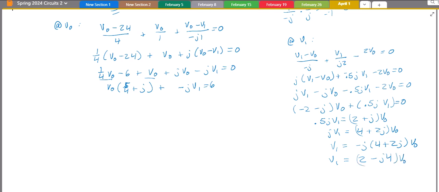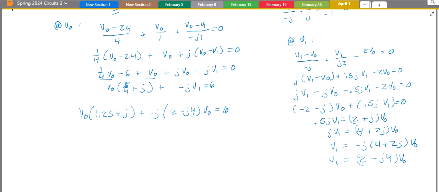V0. Right, and then I can plug that in, so I have V0 (1.25 plus J) plus minus J times (2 minus J4) V0 equals 6.